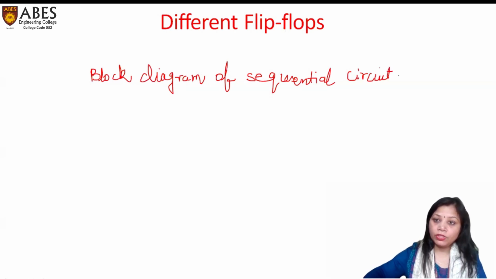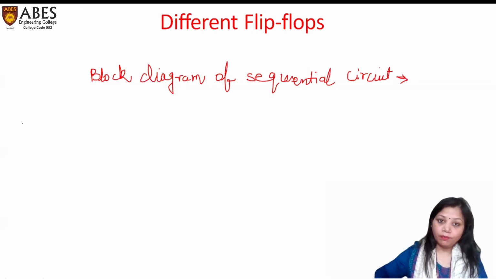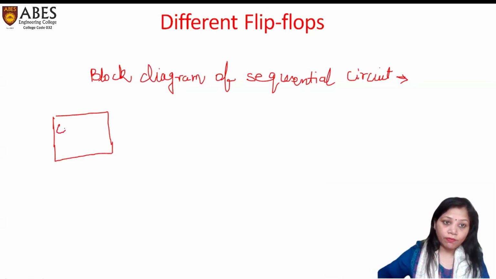So, sequential circuits are those circuits in which the output depends on the current input as well as the previous value of the input. So, this is the block diagram of a sequential circuit with the help of a combinational logic circuit.